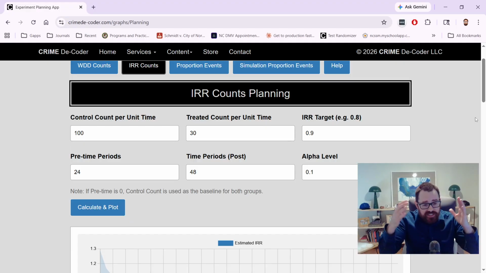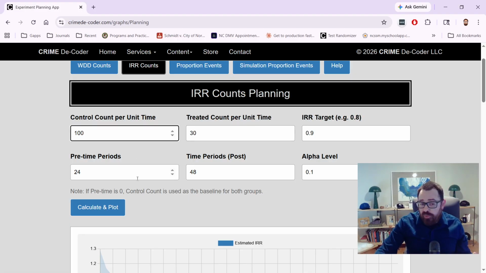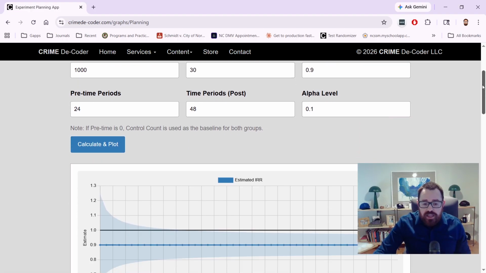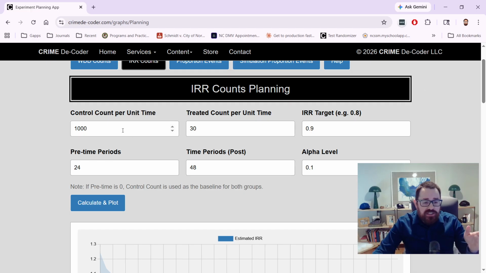But if we can expand the treatment to more areas, or have more prior time periods, or more control units, or a greater expanse of control units that still meet the parallel trends assumption, our standard error will get smaller and smaller over time. Note though that as control units go up and up, you're bounded based on this smaller area.